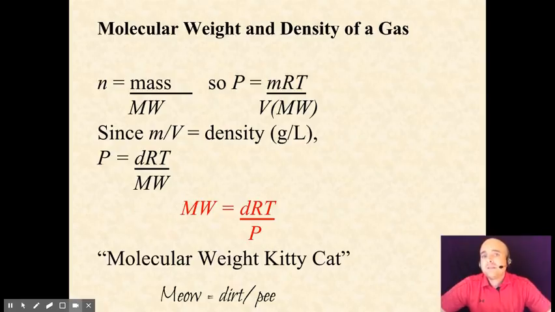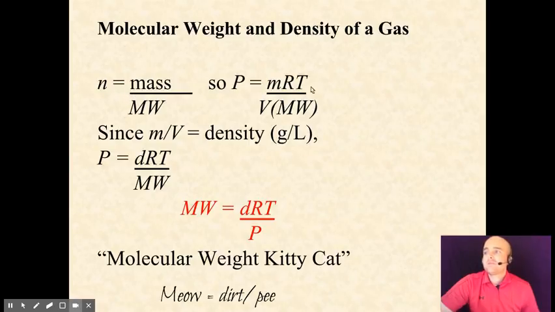We can actually get an understanding for the molecular weight and the density of a gas. Those two will be related to each other by looking at exactly what the moles are. The moles is the mass divided by the molecular weight, the molar mass. So the mass divided by the molar mass will give you your moles. Now I'm going to substitute this value of n into the ideal gas equation.